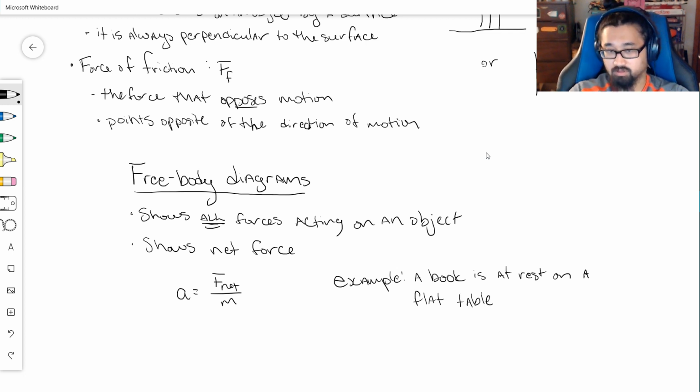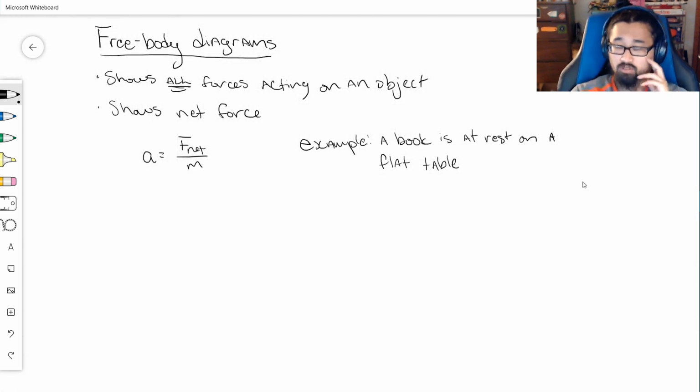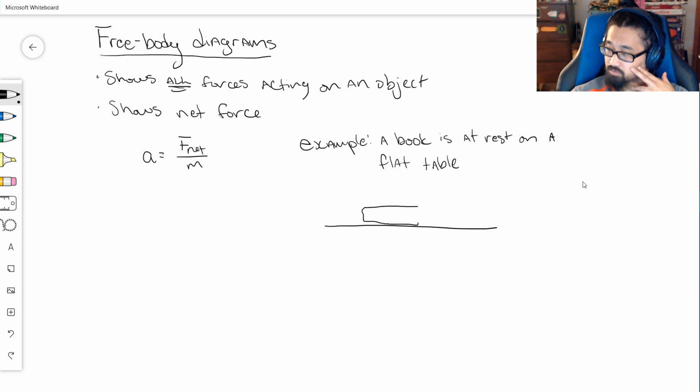I'm just going to do the simplest version of this right now, and we'll talk about more examples. So here's the table, and a book.